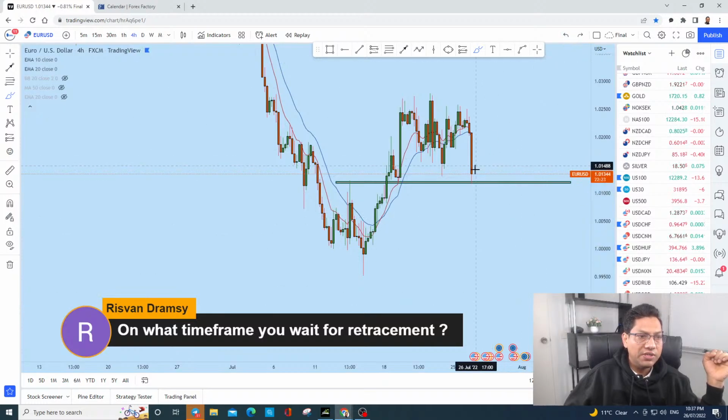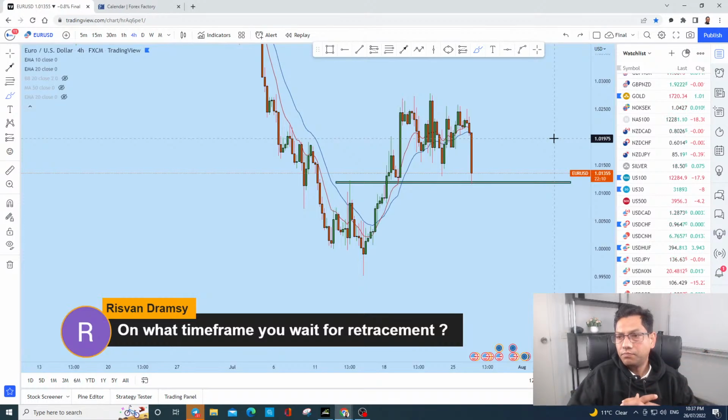If I see the price respected this support and created another big candle up or a series of higher lows, the chances are it will go up again. That's how I normally try to understand which way the price is moving.